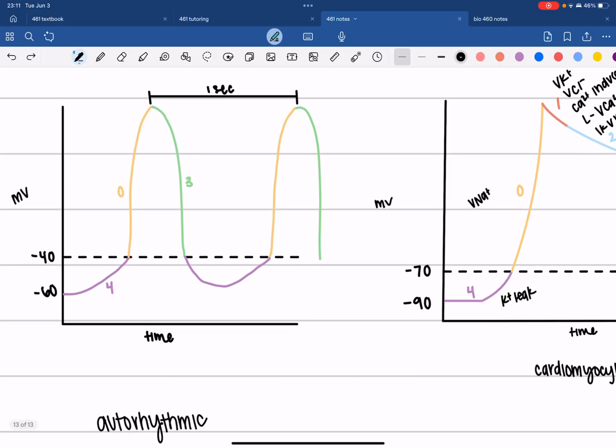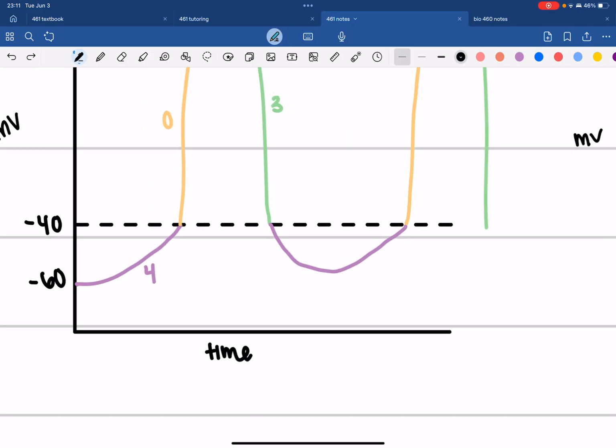We open up our channels when we get below threshold. They're not voltage gated, but they're just like slow opening sodium channels that allow the cell to reach threshold quickly. We're going to call these HCN channels, or funny channels, which are literally just sodium channels.